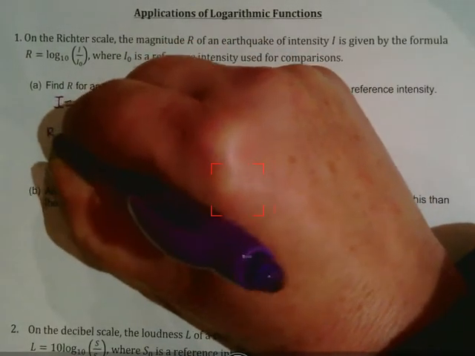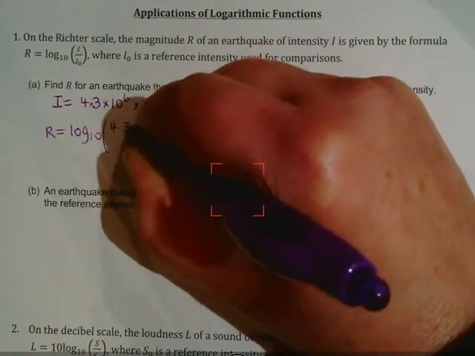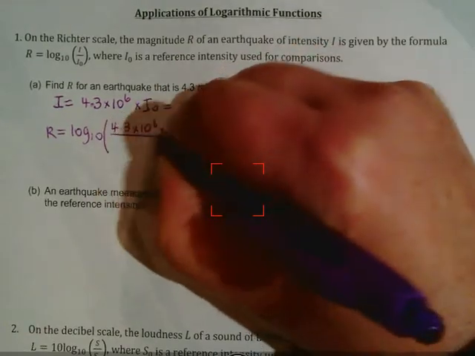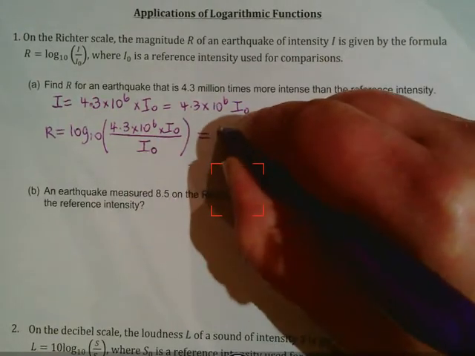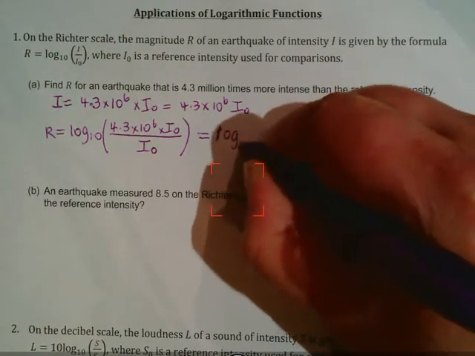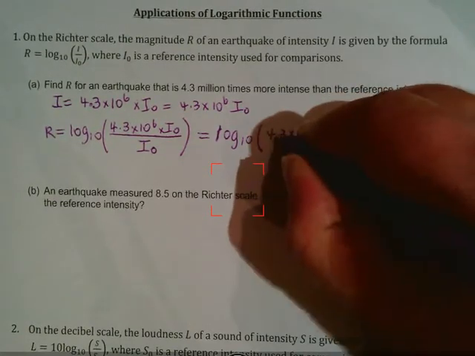So therefore R equals log to the base 10 of I over I sub 0, which is 4.3 times 10 to the power of 6 times I sub 0 over I sub 0. Now the I sub 0's cancel, and we get log to the base 10 of 4.3 times 10 to the power of 6.